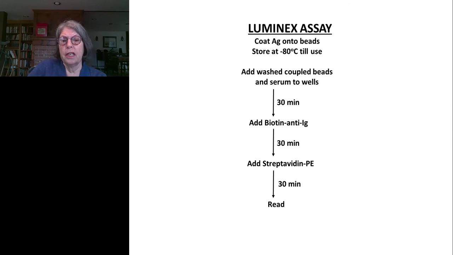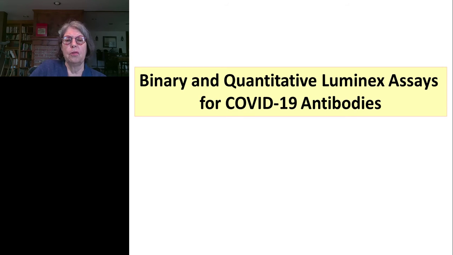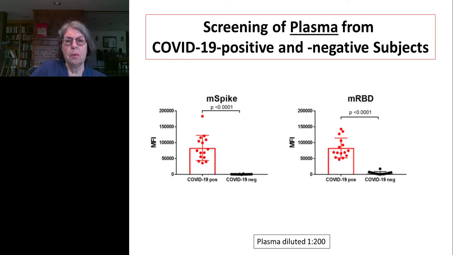So the assay that I'm going to show you is both a qualitative or binary assay and a quantitative assay. And I'm going to show you some of the data that we have generated now. So this is a dot plot of the screening of plasma from COVID positive and negative subjects.